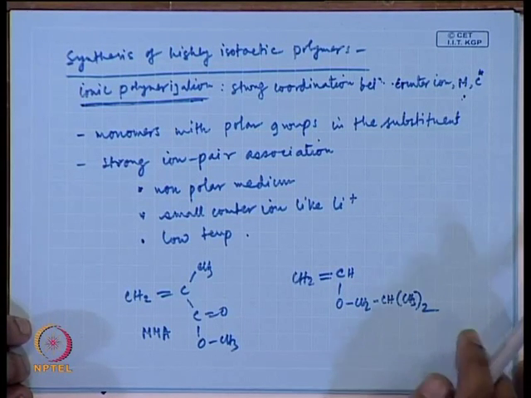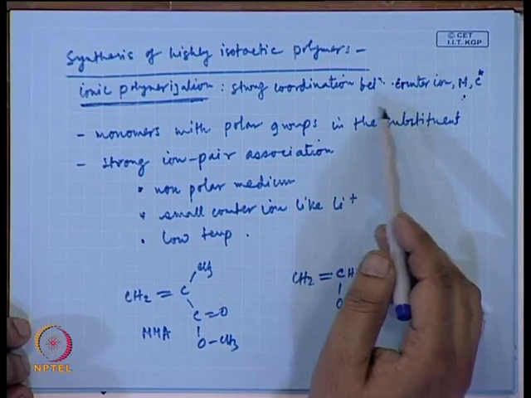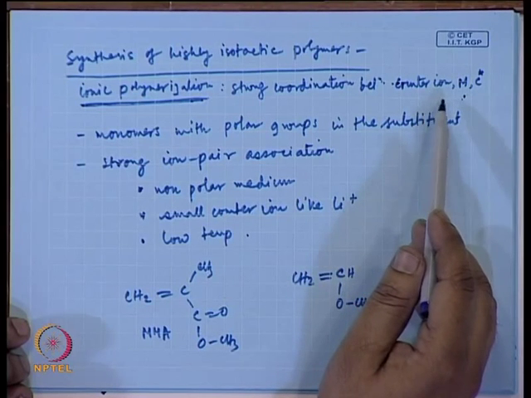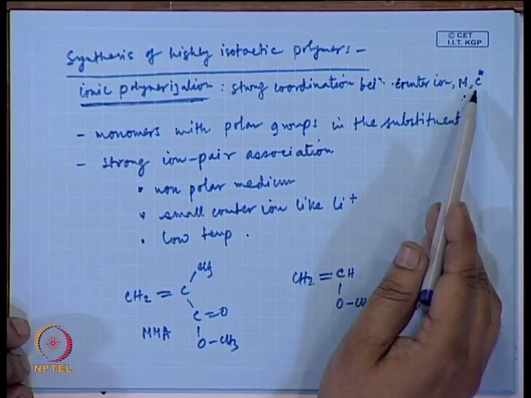Now, how do you create conditions where this strong coordination between the active chain end, the monomer and the counter ion happens?